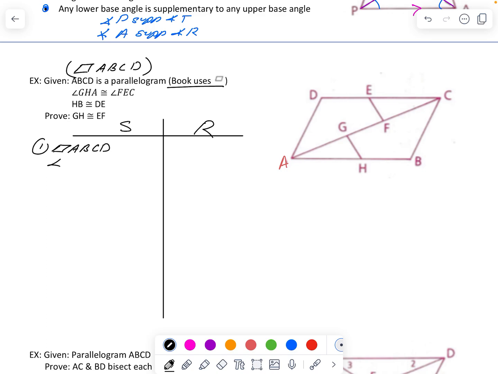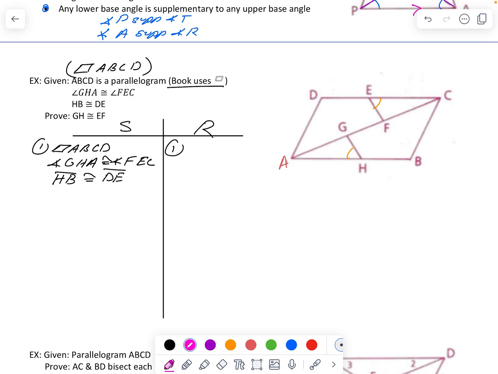We are given angle GHA congruent to angle FEC. I'm going to mark those right now. So GHA, FEC, those are congruent. And we're given HB congruent to DE.